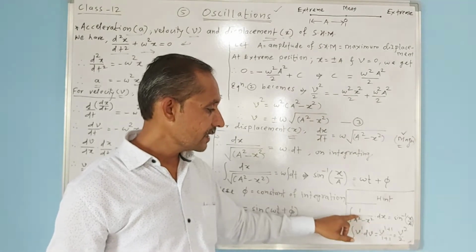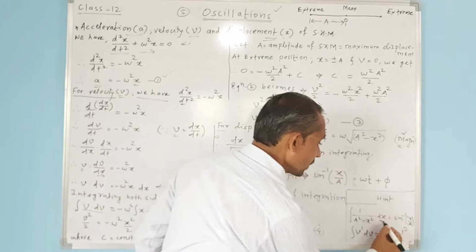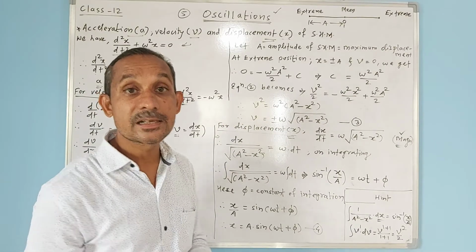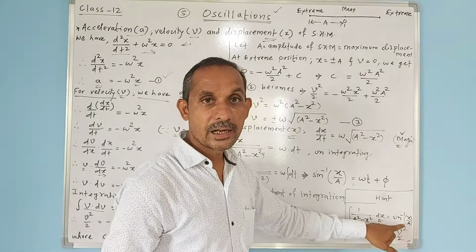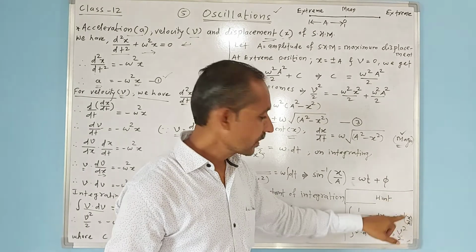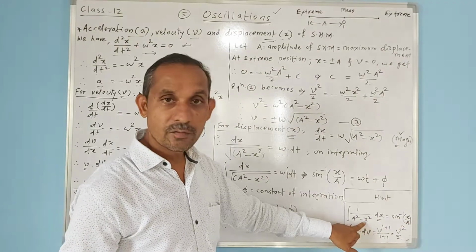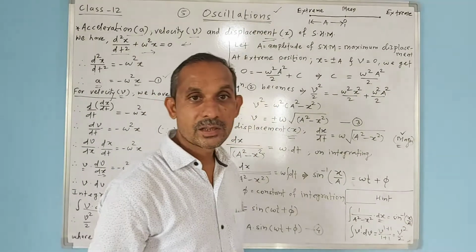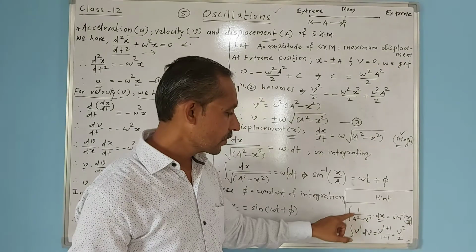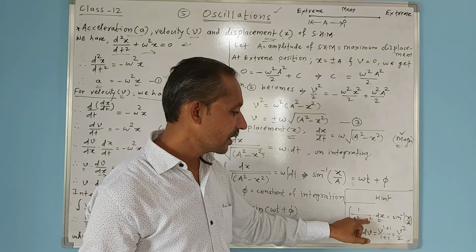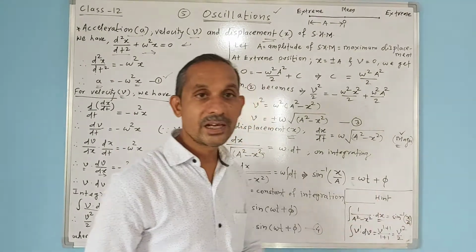So 1 upon a square minus x square with respect to dx, it is always sine inverse of variable upon constant. As we know, variable is x, so x divided by constant a. So integration of 1 upon a square minus x square with respect to dx is always sine inverse of x upon a.